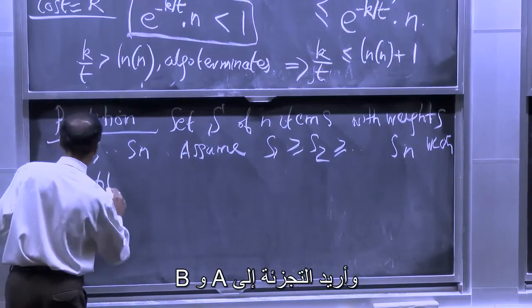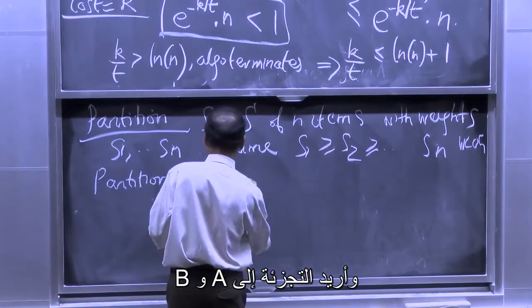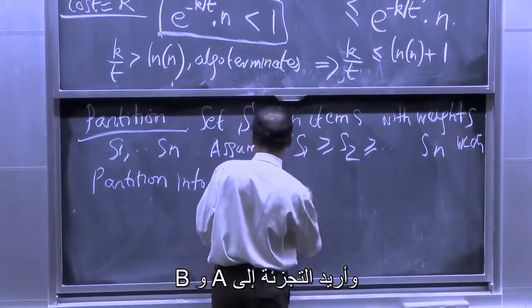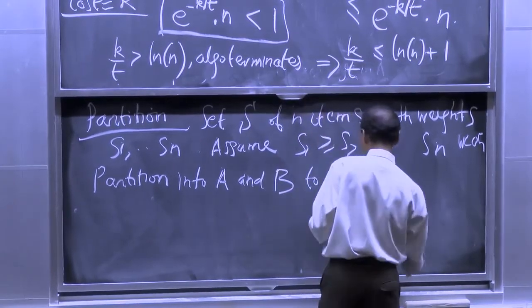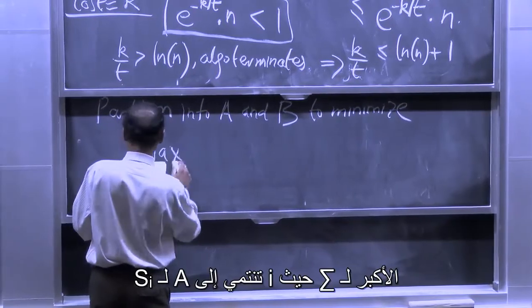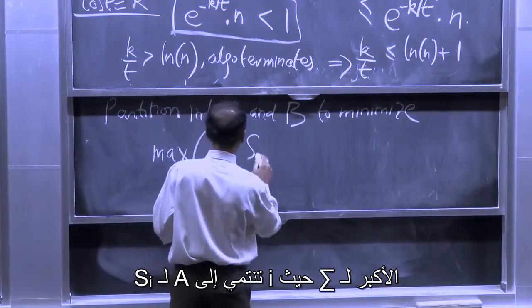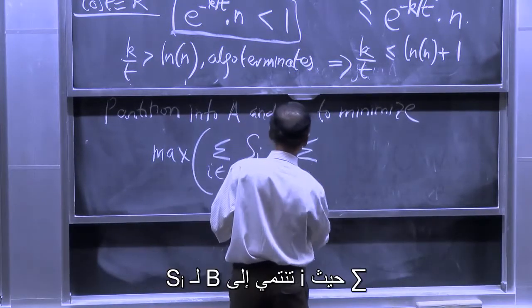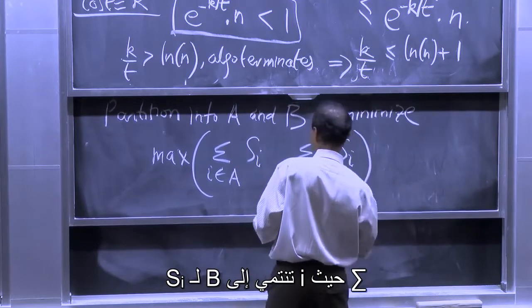And I want to partition into A and B to minimize the max of the sum over i belonging to A of Si, and the sum over i belonging to B of Si.